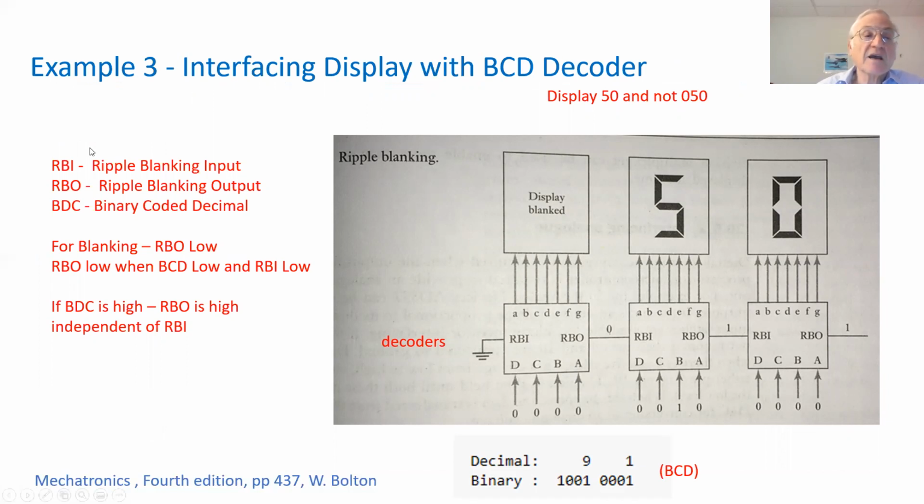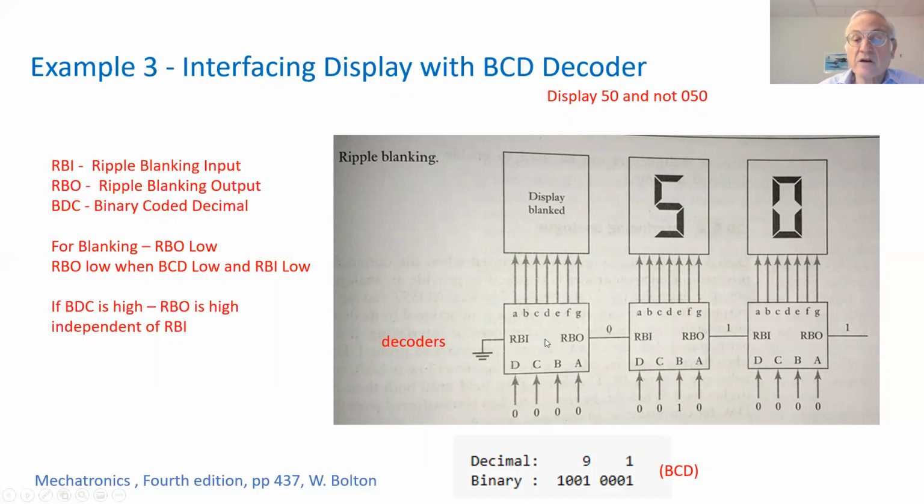This is the example over here of a display of a BCD. This is a binary coded decimal that is given over here as an example. The number that we would like to put on the display is 0 to 9, and this is in decimal. However, the input comes into a decoder, which is the interface device between the microprocessor and the peripheral display.